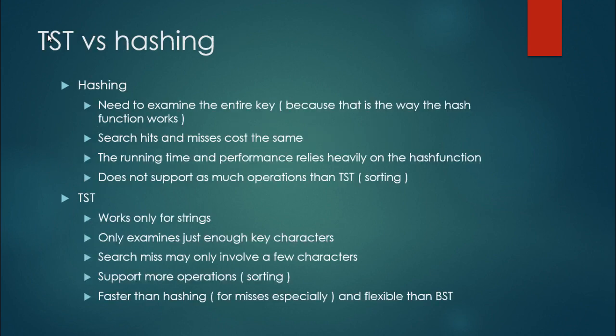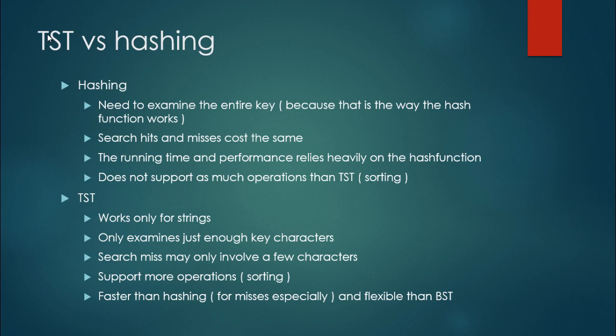So let me say a few words about the difference between ternary search trees and hashing. The hashing needs to examine the entire key, because that's the way the hash function works. We keep constructing our hash values according to the hash function, and the hash function is going to examine the entire key. This is the basic concept of hash maps.